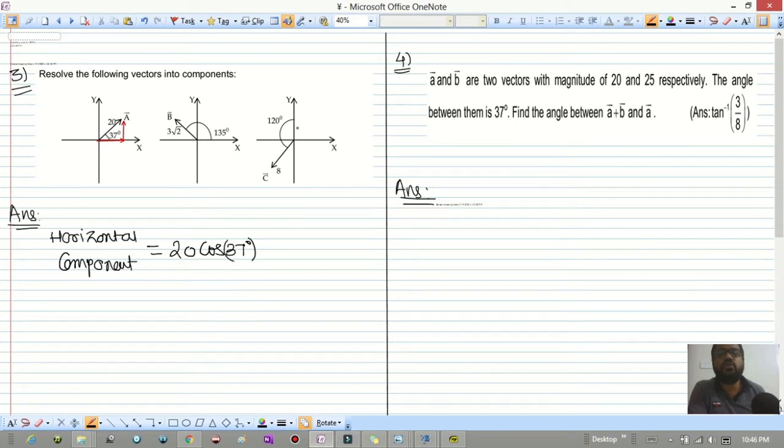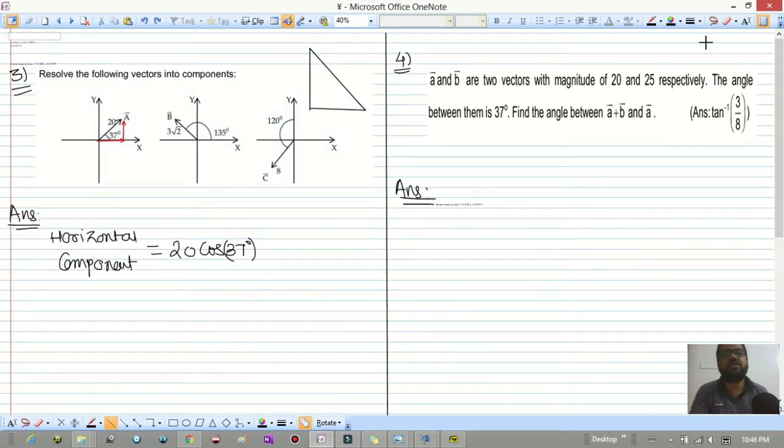And for those who don't know the value of cos 37 and sin 37, do remember this triangle. This is a very important triangle.